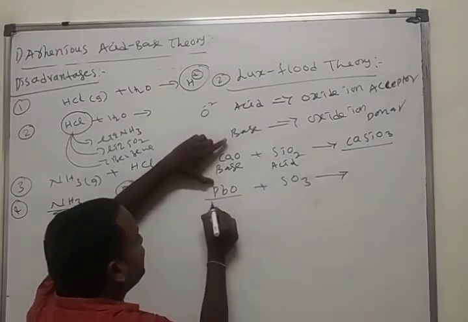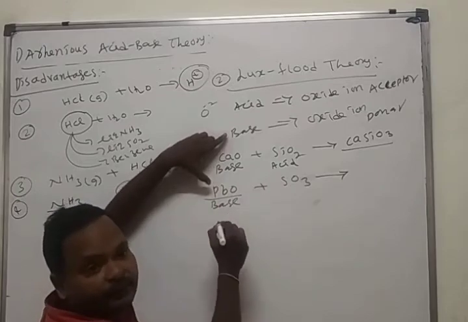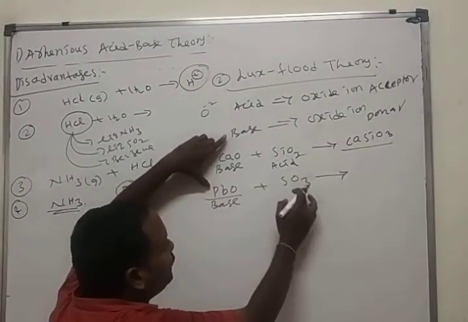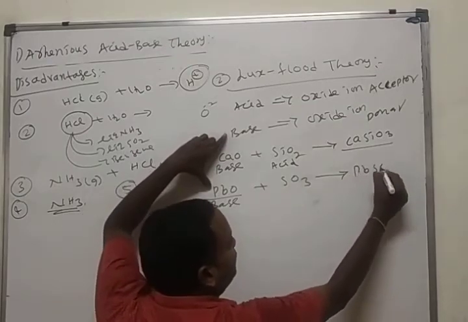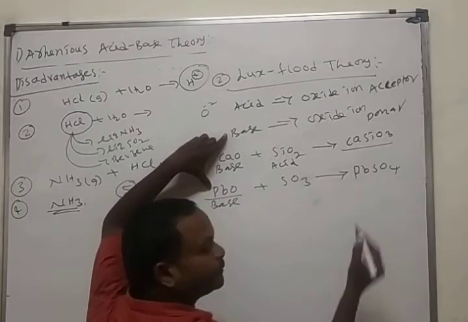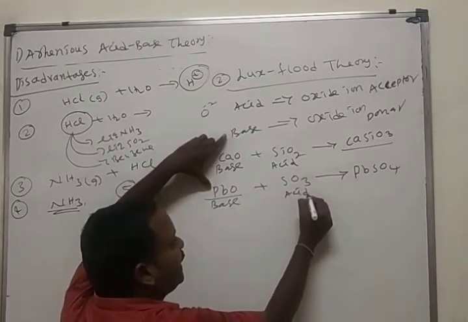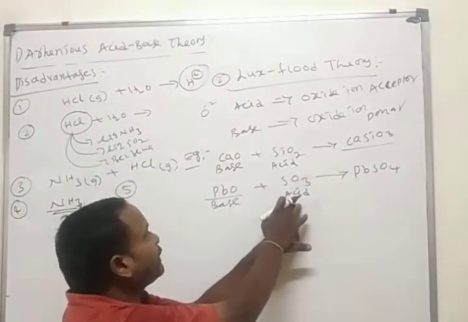Here lead oxide is also a base. Why is lead oxide a base? It donates one oxide ion to sulfur trioxide and forms lead sulfate. What happened here? Sulfur trioxide is an acid; it accepts the one oxide ion.